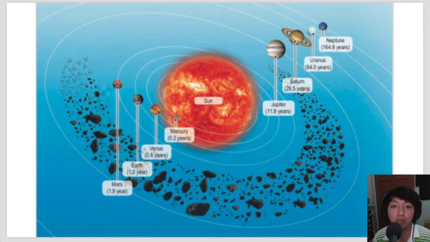Then the next planet is Jupiter. Jupiter is much further away. It takes almost 12 years to go around the sun. Saturn takes almost 30 years. Uranus is 84 years. And then Neptune, the furthest official planet, takes 164 years to go around the sun.